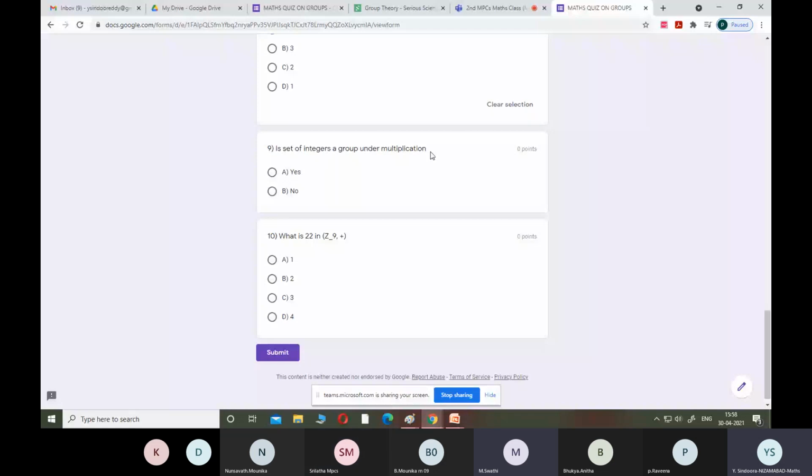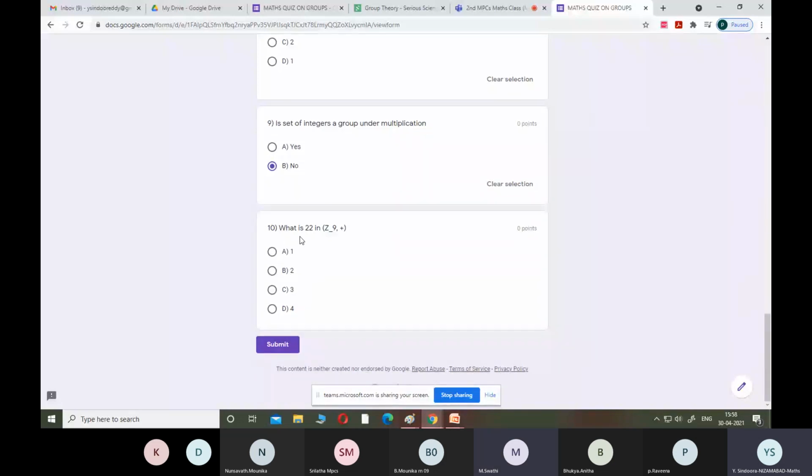Just say whatever answer you get. Does the inverse of 2 exist? No, ma'am. The inverse of 2 does not exist in integers, right? 1 by 2 we don't have, and that is why it is not a group.